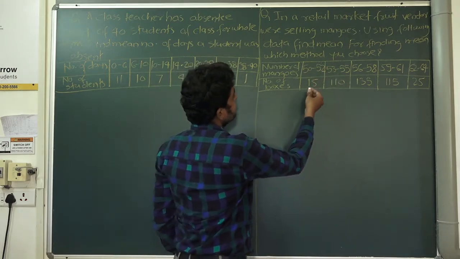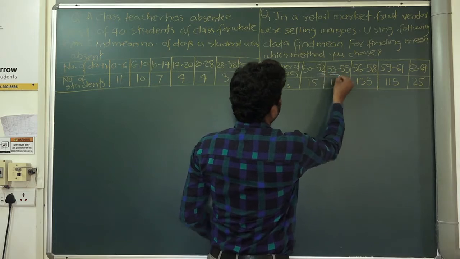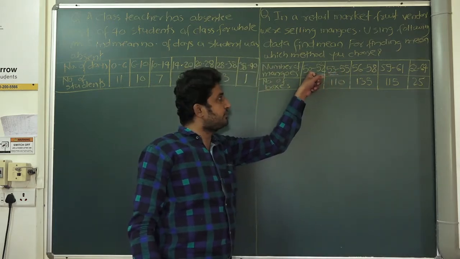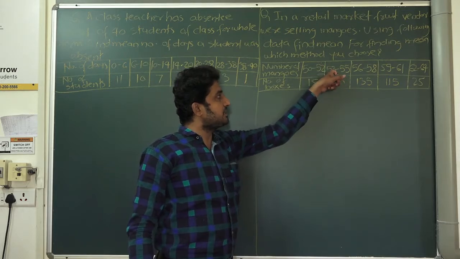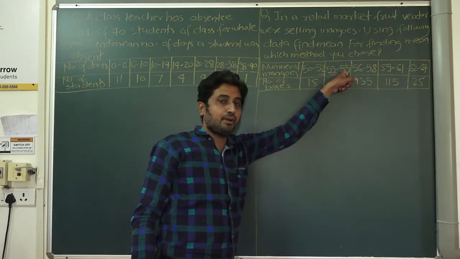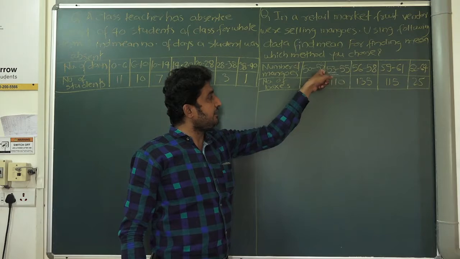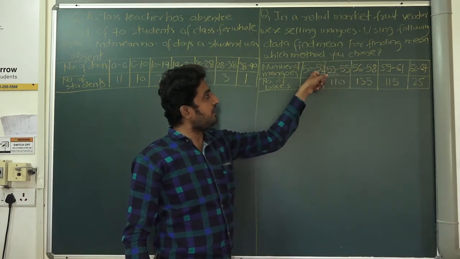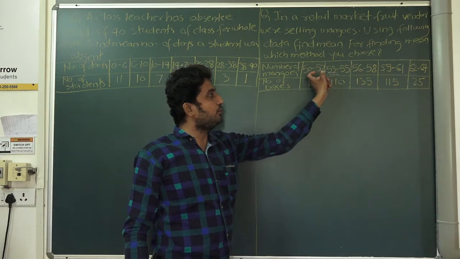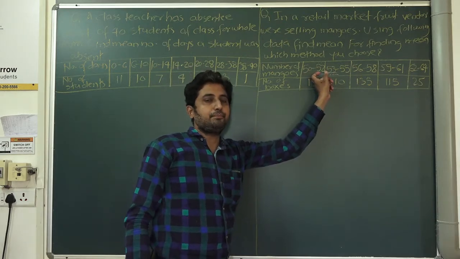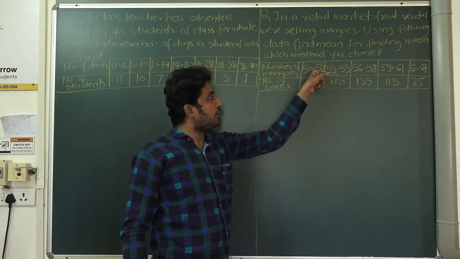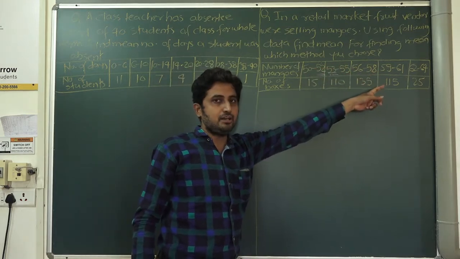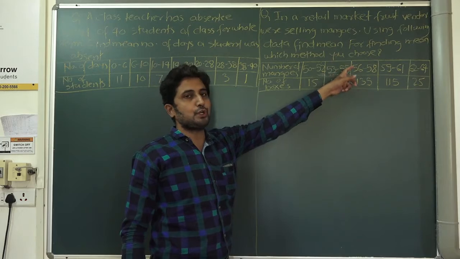But the problem is here: the first class interval is 50 to 52 and the next class interval is 53 to 55. So you will find there is a gap between these two class intervals, and if you find such a gap, we have to fill this gap. We have to make them continuous. This is a discontinuous class interval, so we have to make it continuous.